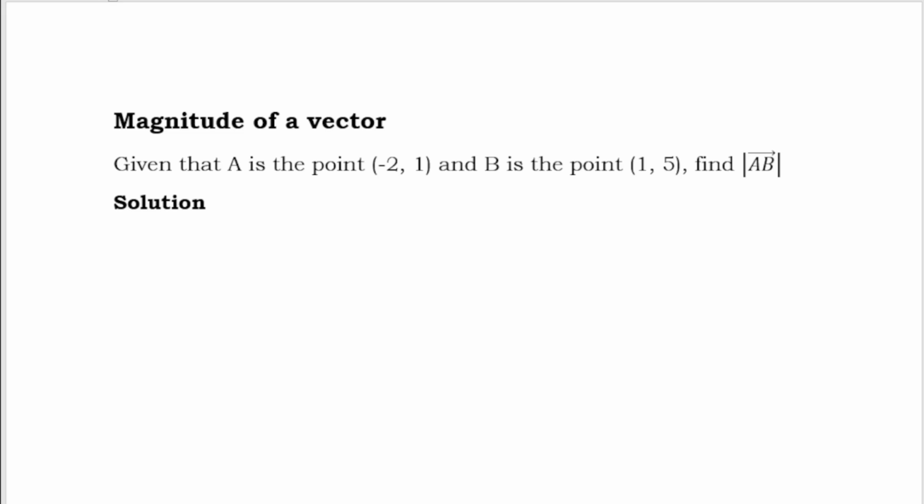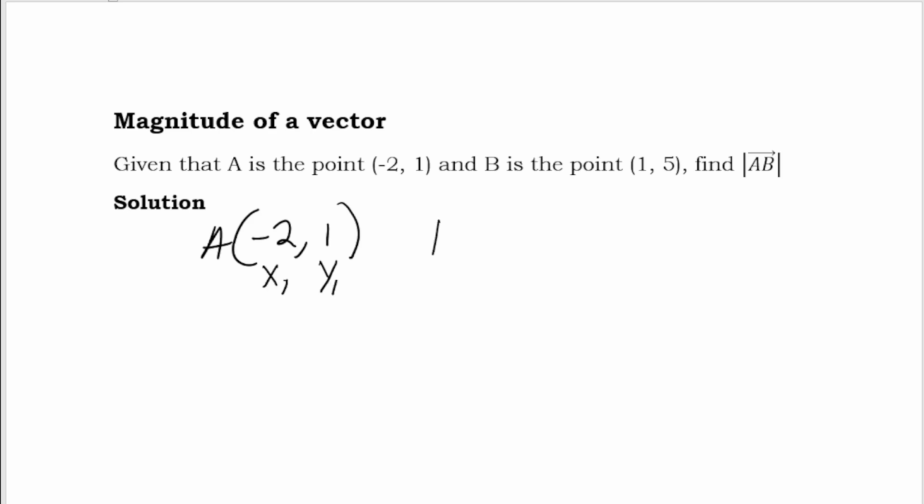Our next question is on the magnitude of a vector. We are told that A is the point -2, 1, and B is the point 1, 5. Find the magnitude of vector AB. Let us first identify these values. A is our first point, so -2 represents x1 and 1 represents y1.